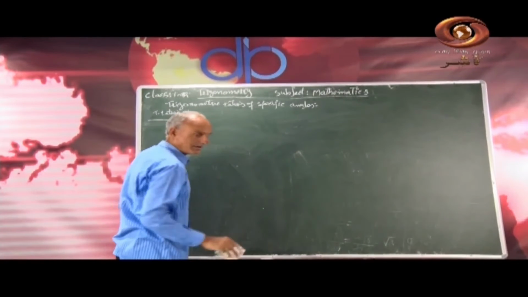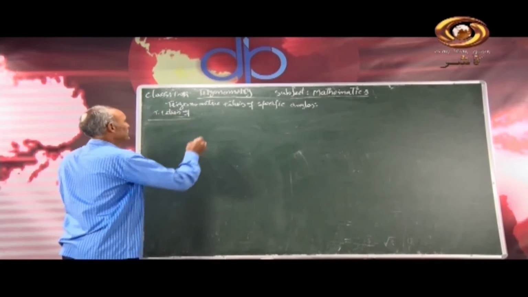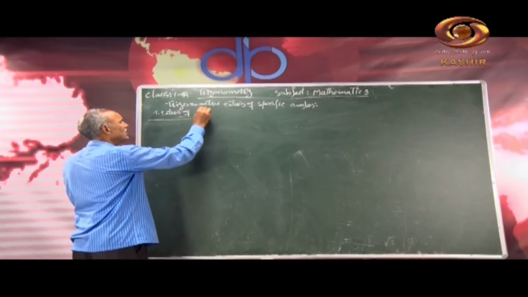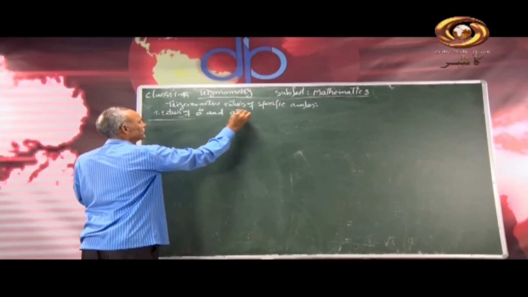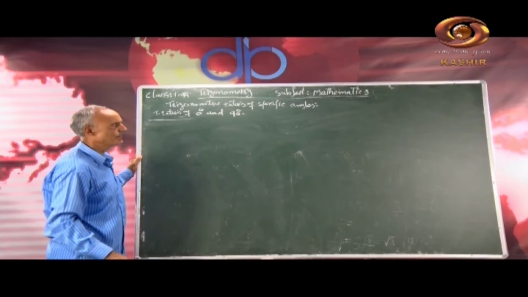Now let us start finding T ratios of 0 degree and 90 degree. Firstly 0 degree.